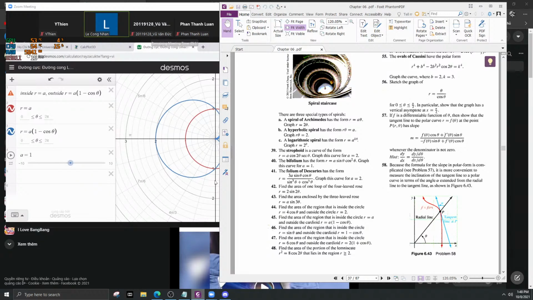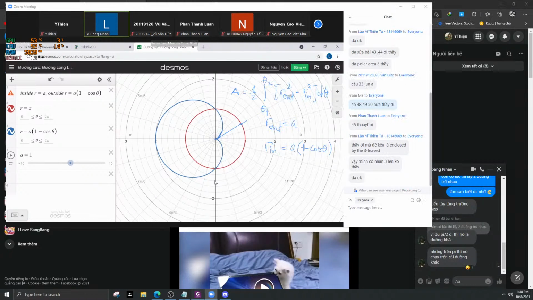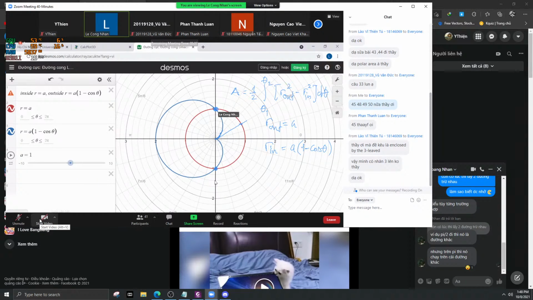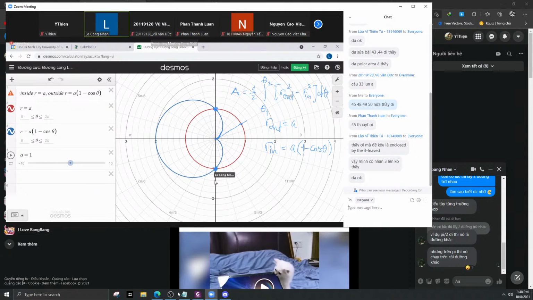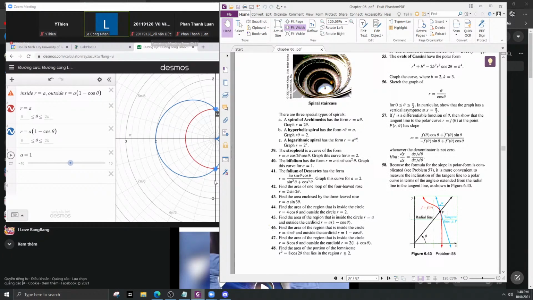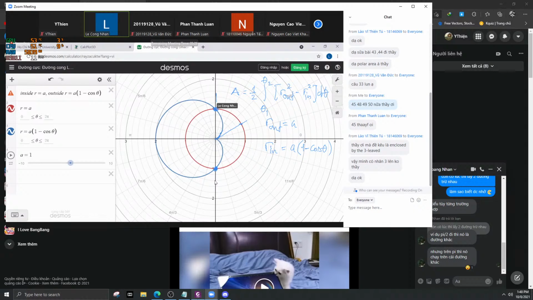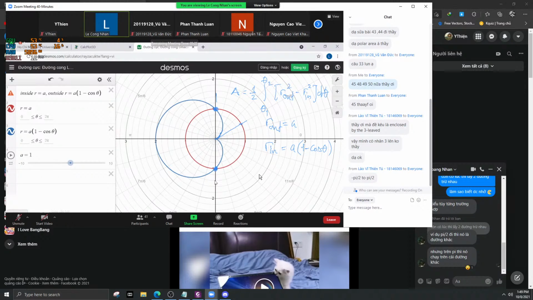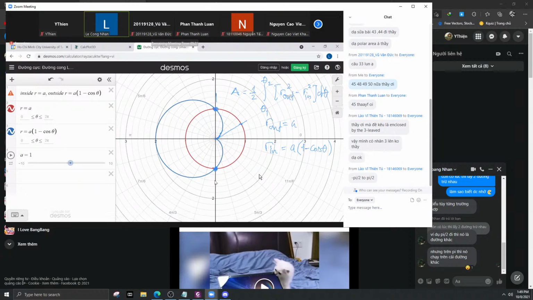So if we want to determine theta 1 and theta 2, they are the polar angles of the intersection points. Here we have two intersection points, this point and this point. So what are the polar angles? They go from minus pi over 2 to pi over 2.